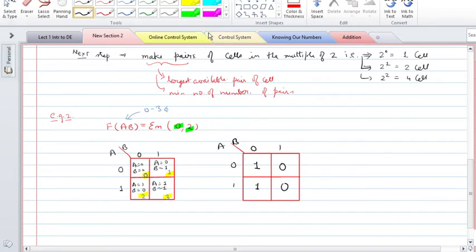Now again pairing like this. For this group, B remains constant and A is changing, and the variable which is changing is going to be eliminated from the final result. So this group represents B bar.